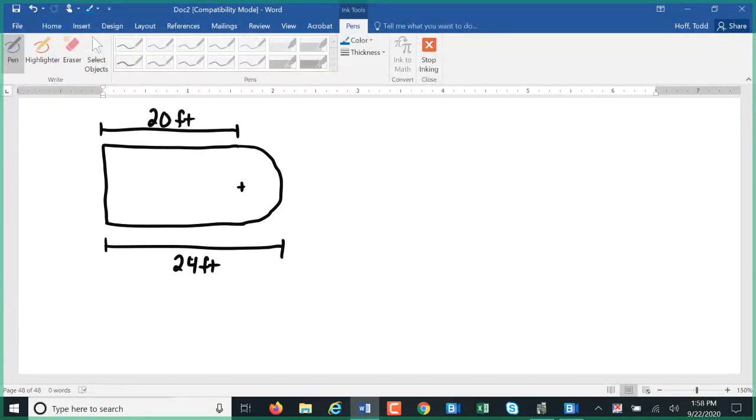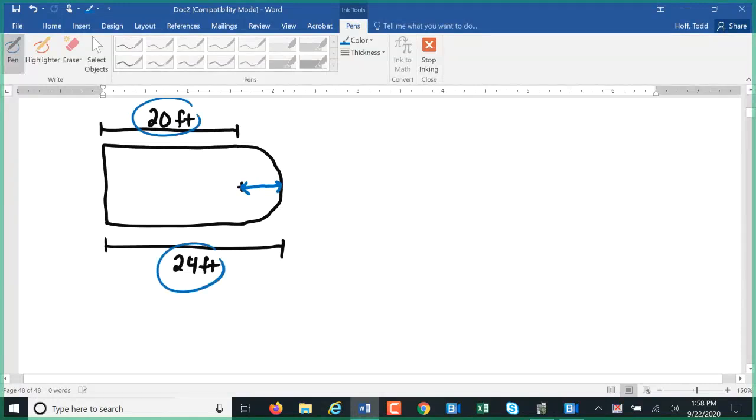We know that the distance from here out to there has to be the difference between the 20 and the 24. That has to be 4 feet. Well, that's the radius of our circle. And the radius of the circle is the same in any direction. This is 4 feet, that is 4 feet, that is 4 feet.